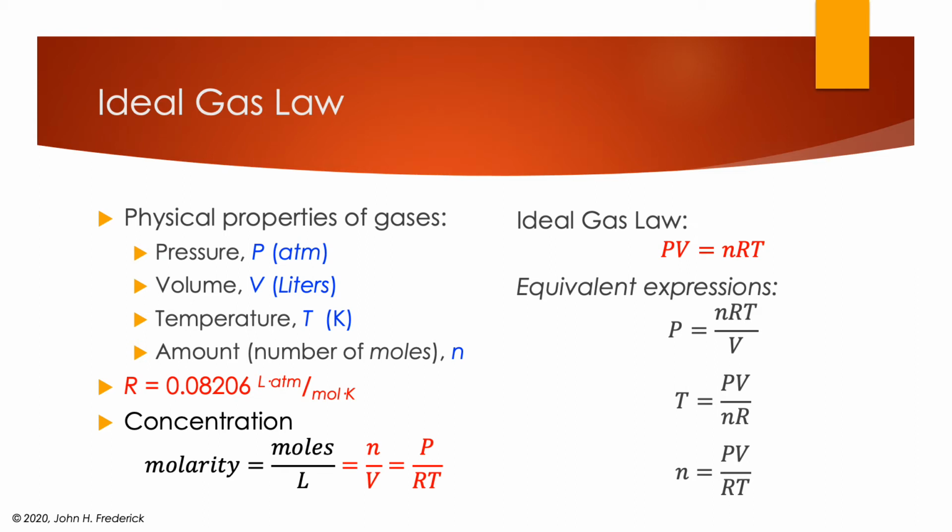Since R is a constant, it's basically saying that if temperature is also a constant, if we're dealing with something that happens at constant temperature, then the pressure is basically a good proxy for concentration.